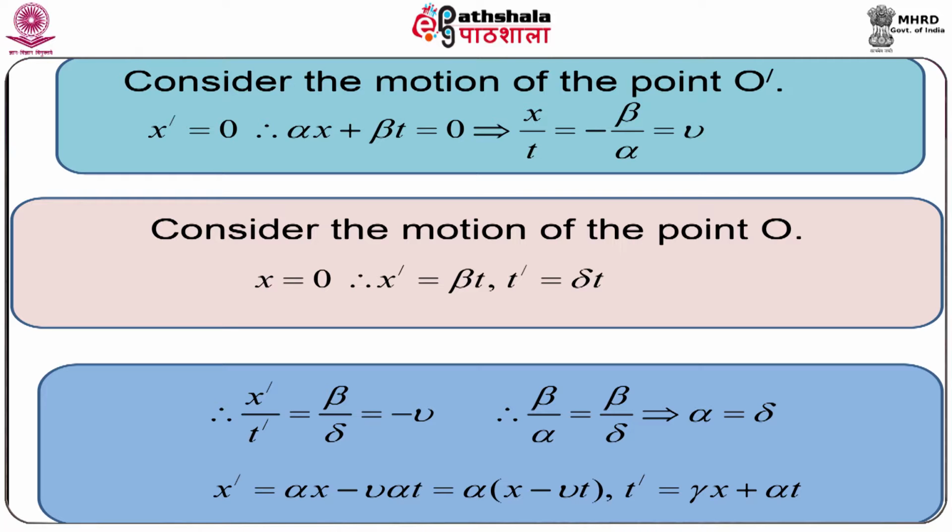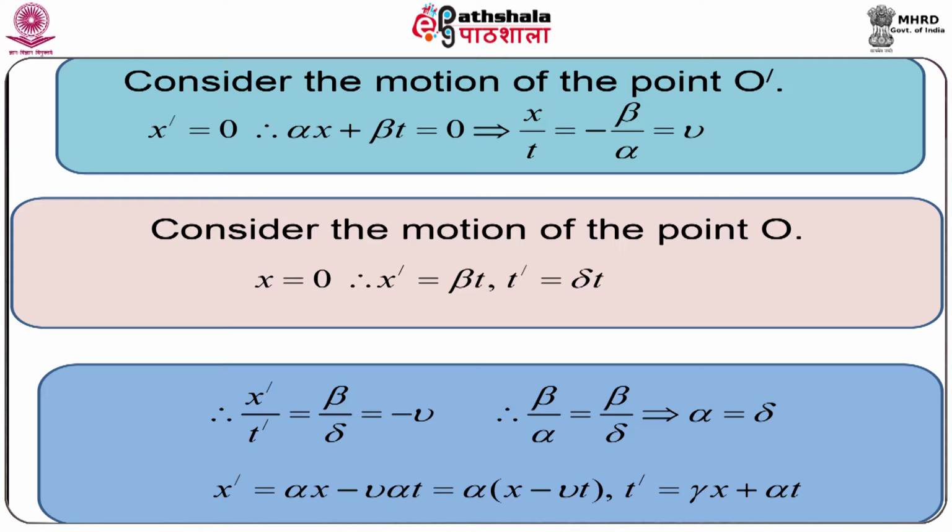From this, we can calculate x divided by t, which is given by minus beta divided by alpha. Please note that the left hand side, x divided by t, gives the velocity with which the frame S dash is moving with respect to frame S. So, this is v, that is, the relative velocity.